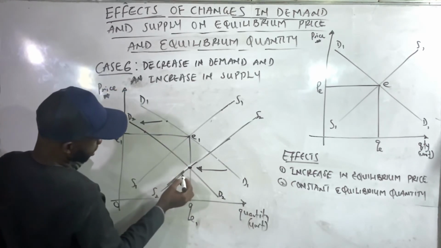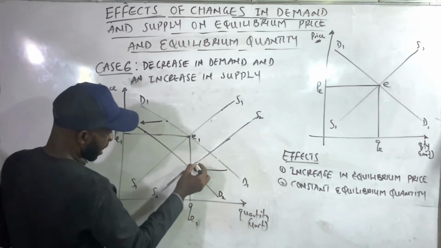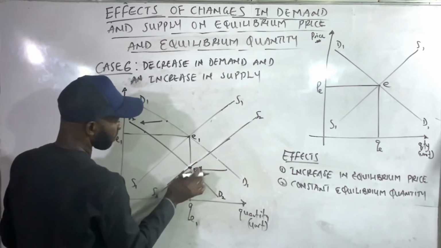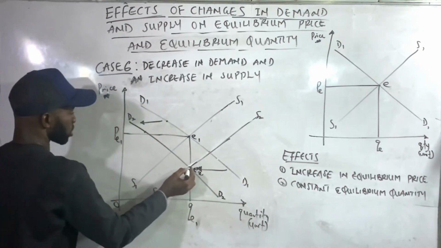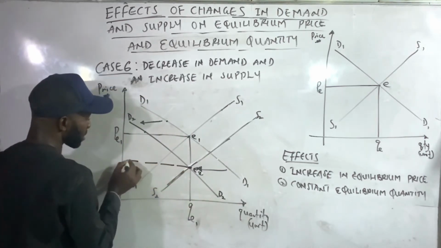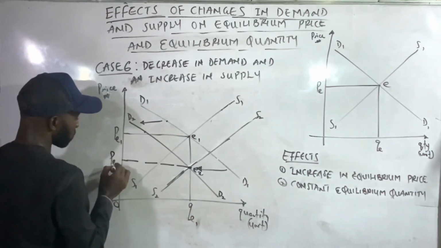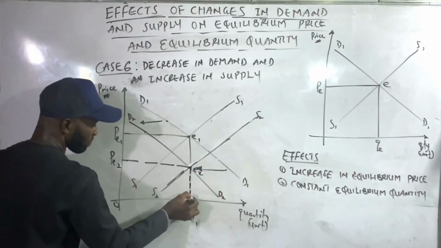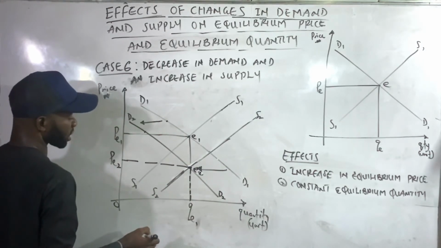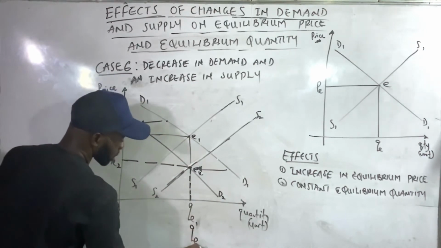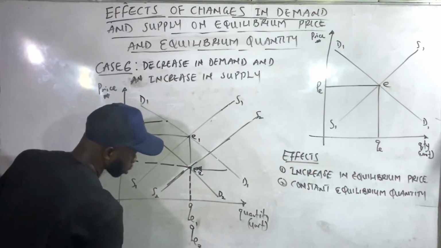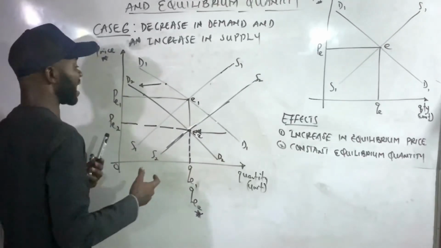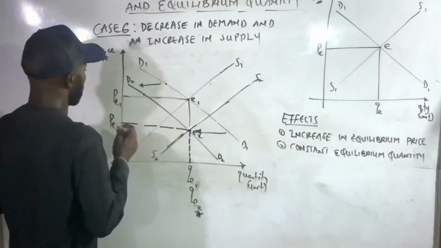And this equilibrium point can stay here as E2, while we have the point of intersection traced to the price axis, giving us equilibrium price 2, and then the tracing of this to the quantity line gives us equilibrium quantity 2. It shows that we have a constant equilibrium quantity. It didn't change, the same point.